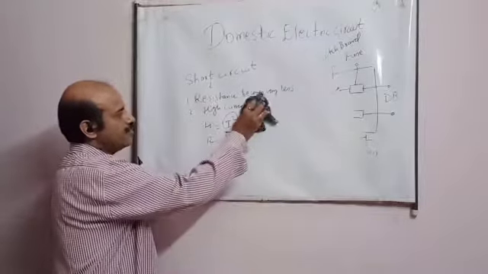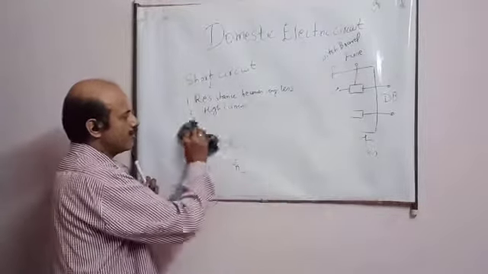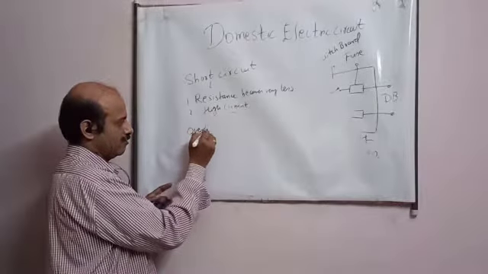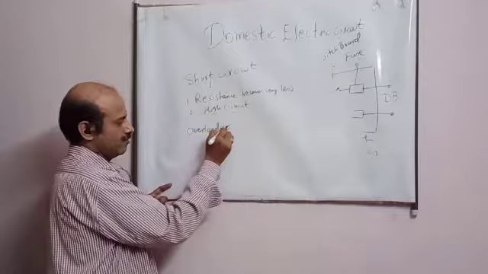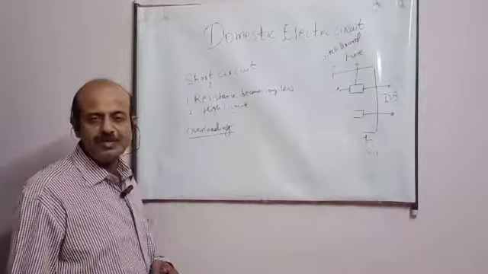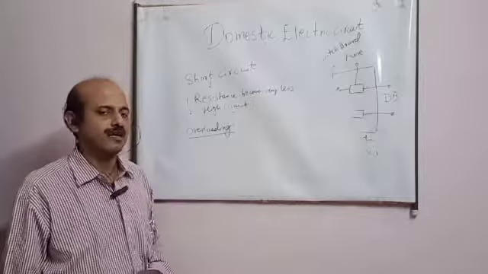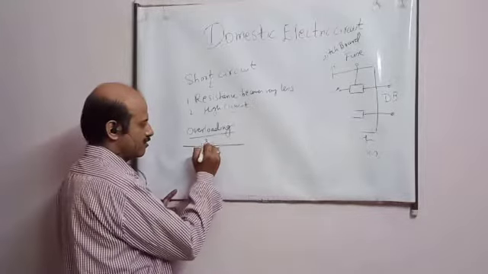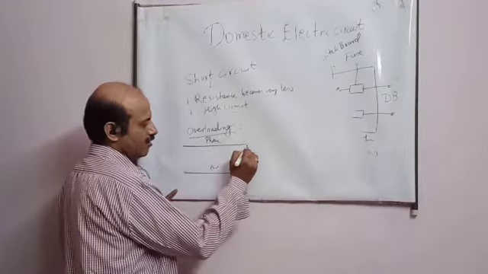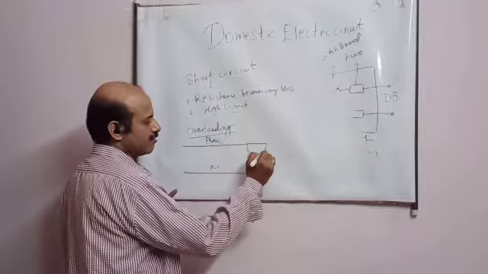There is another term, student, in the chapter which is known as overloading. Overloading means many electrical appliances are connected in a single socket. So this is the phase, this is the neutral. You have connected many apparatus in a single socket.